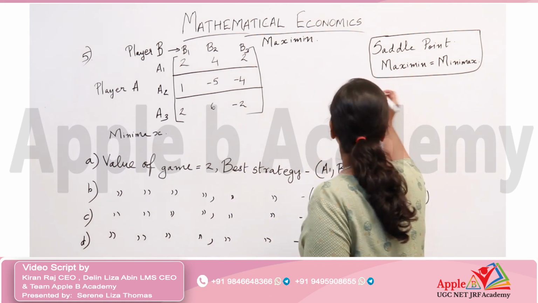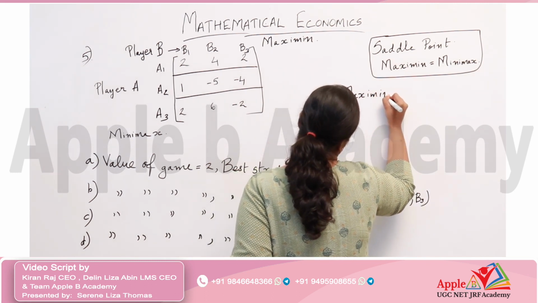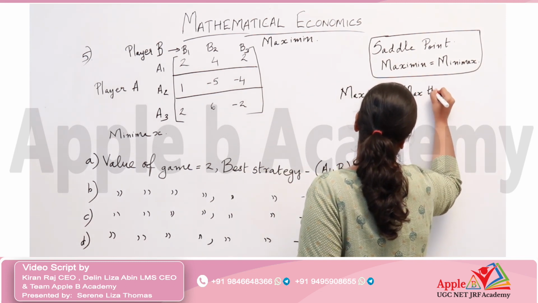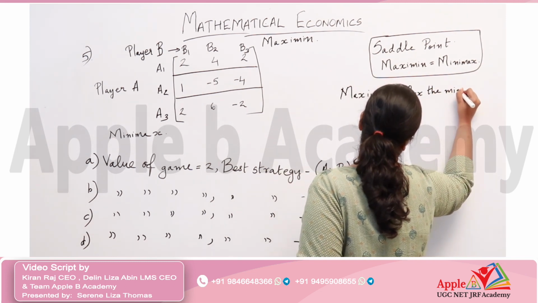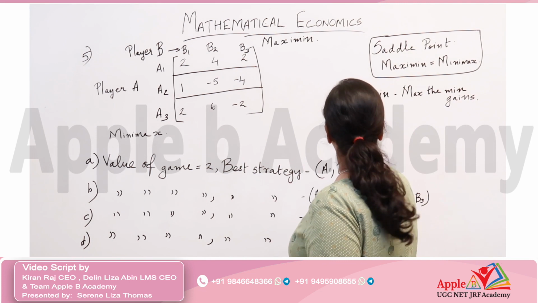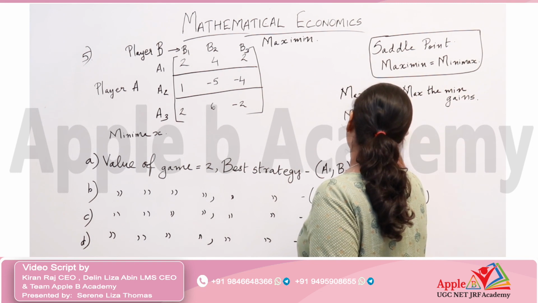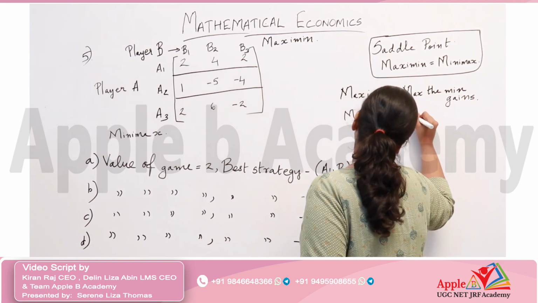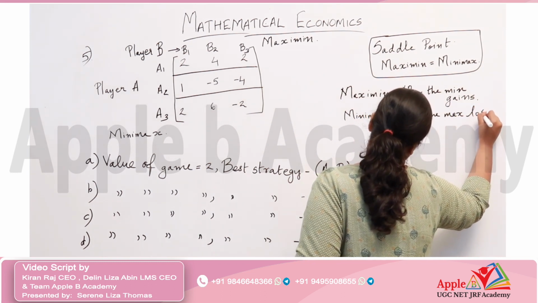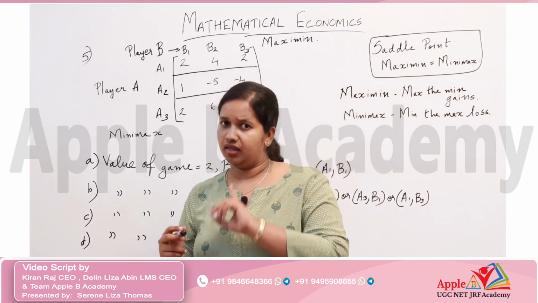I will write it here: maxi-min, which is maximizing the minimum gains, and mini-max, which is minimizing the maximum loss. These are the strategies followed by player A and player B.